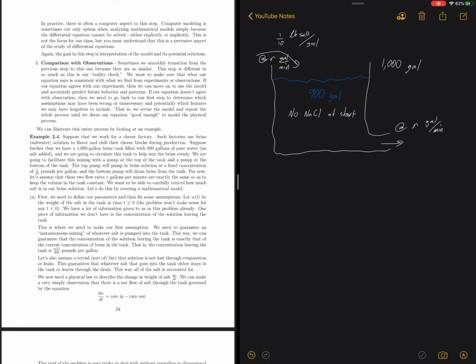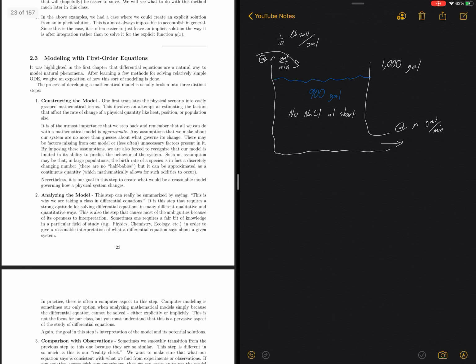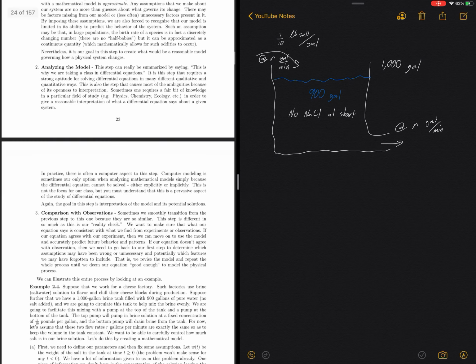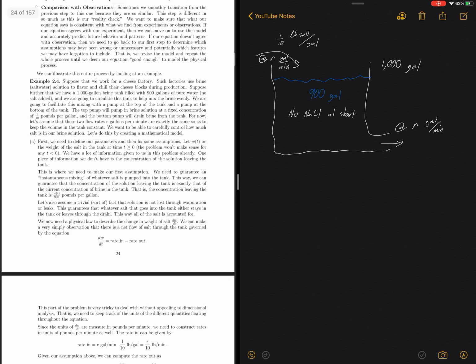Notice I was able to tell you how much salt was coming into the tank, but there is going to be a variable amount of salt leaving the tank, which is why I can't tell you how much is leaving unless I start naming some variables here. So this is part one of our analysis in constructing a model. We have to come up with some mathematical description of how much salt is in this tank.